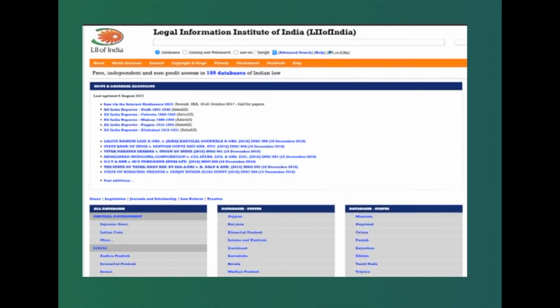Similarly, we have another free database called LII of India, Legal Information Institute of India. This is a joint work of the Indian Law Institute, some of the national law schools and others.